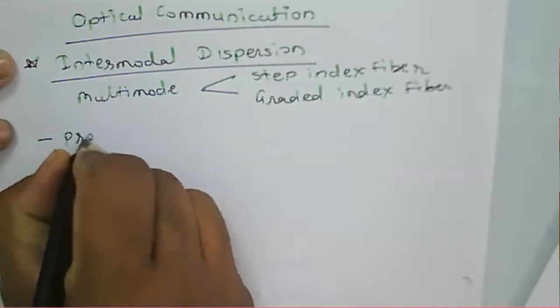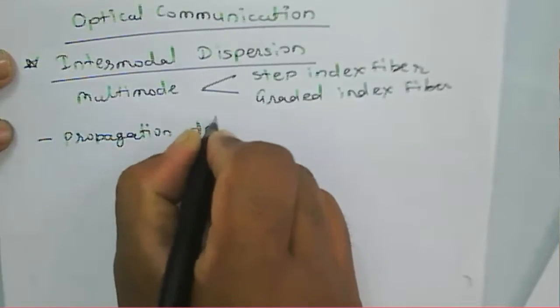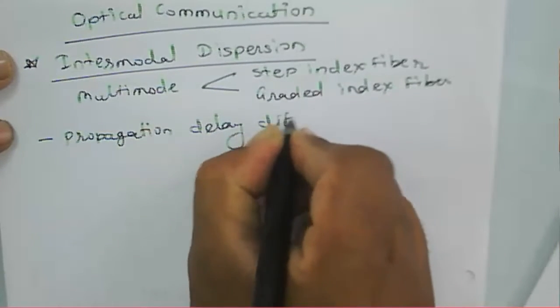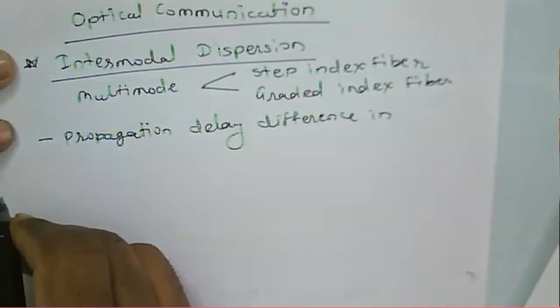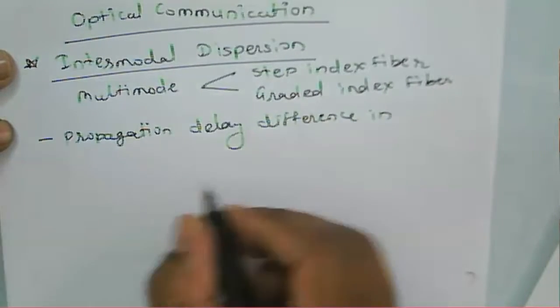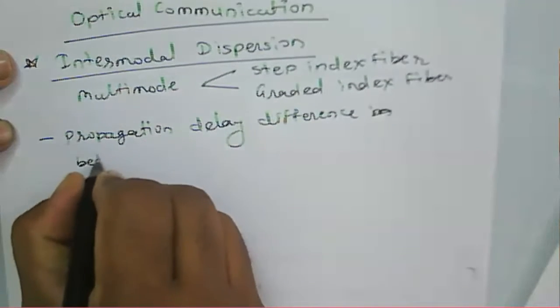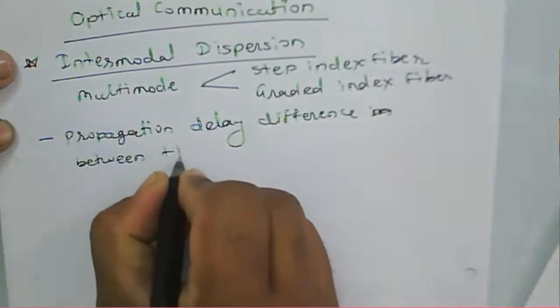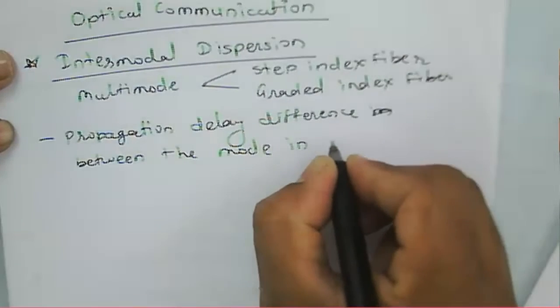Means you can say a propagation delay difference between the modes in a multimode fiber.